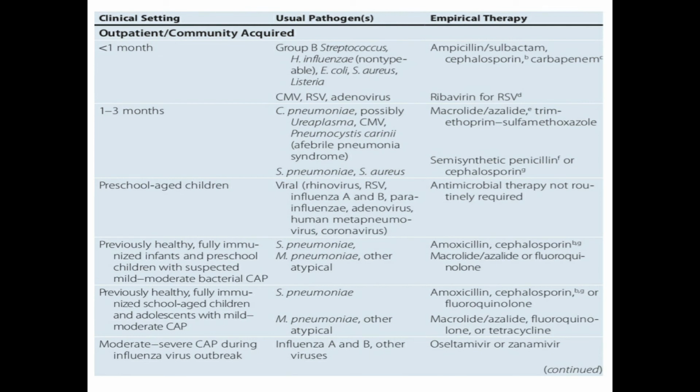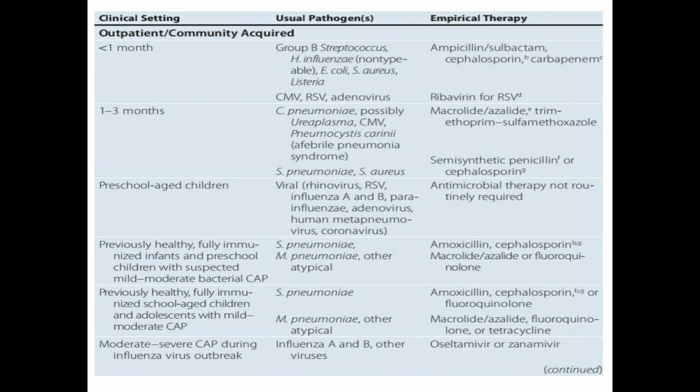Then for 1 to 3 months, we can manage with macrolide or azalide, trimethoprim-sulfamethoxazole for organisms such as C. pneumoniae, possibly Ureaplasma, CMV, Pneumocystis carinii. Then in case of Streptococcus pneumoniae, Staphylococcus aureus infections, we can manage with semisynthetic penicillin or cephalosporin.